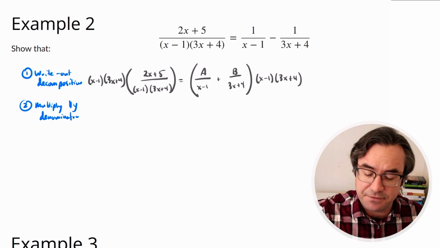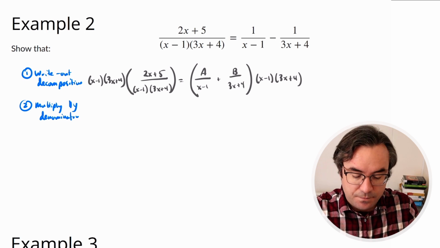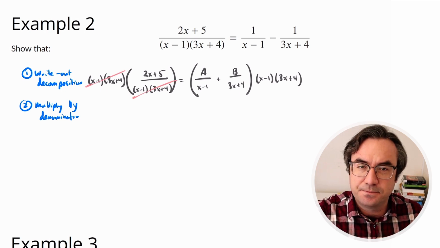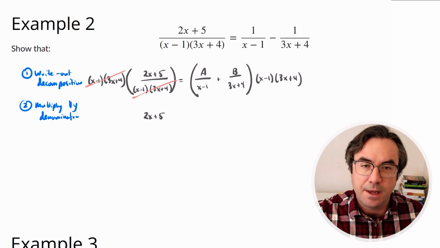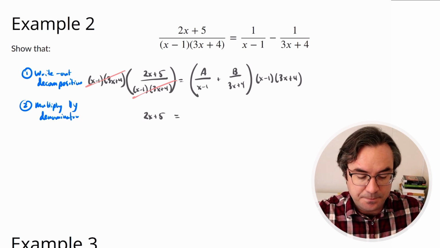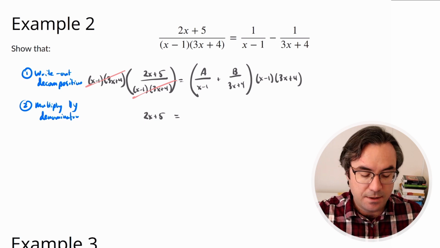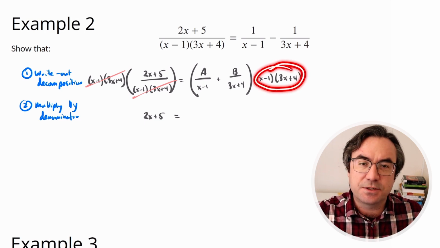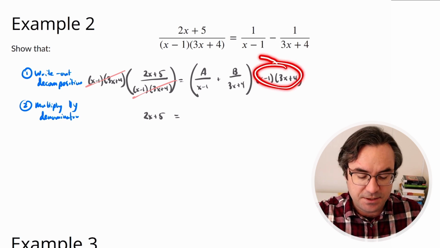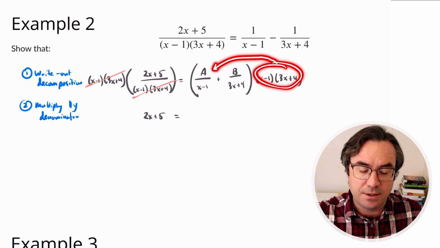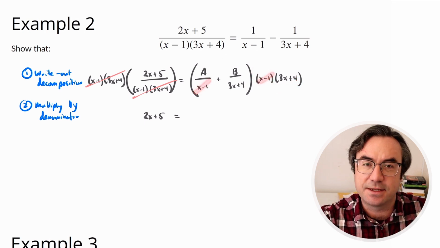All right, so on the left, the denominators just cancel. So we're left with just the 2x plus 5. And on the right, when we distribute the x minus 1 times 3x plus 4 into the parentheses, when we take it to the first fraction, the x minus 1s are going to cancel.